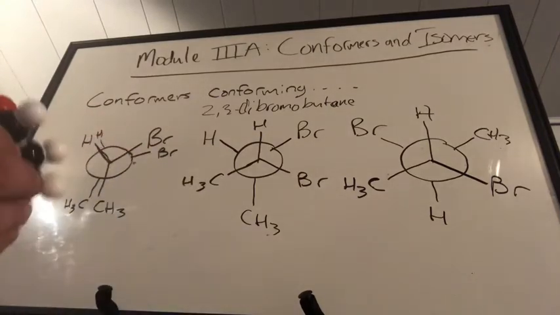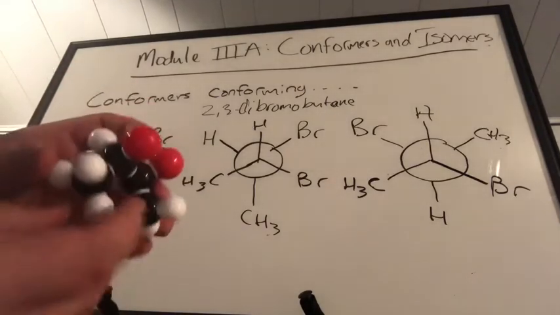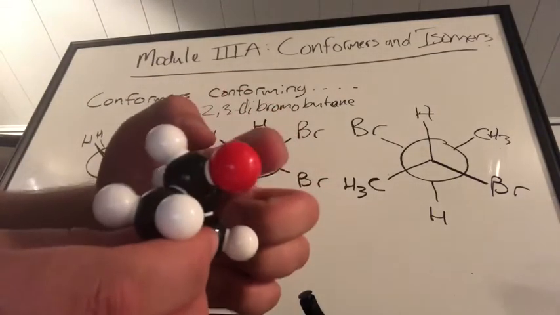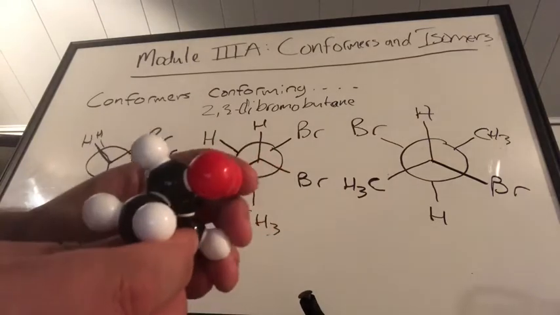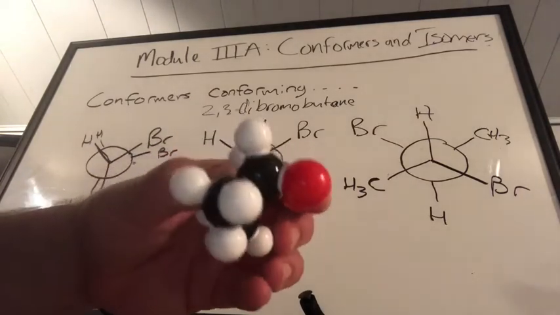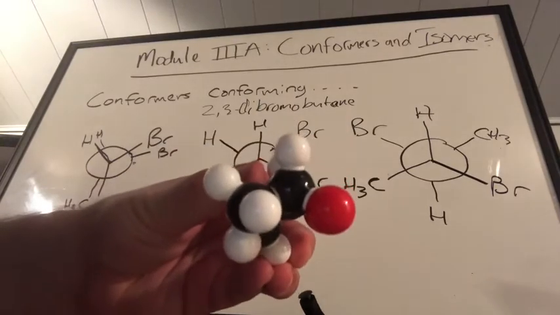this hydrogen. Okay, now how you would look at it, imagine these red balls that you see right here as being bromo groups. Okay, so look at how clustered and congested everything is.